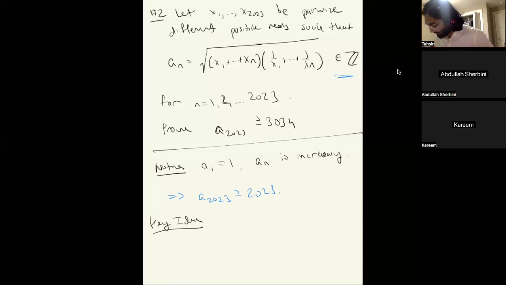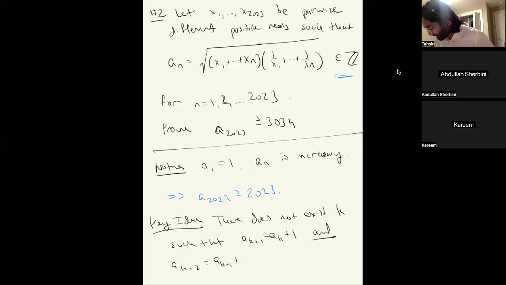So let's say it like this: there does not exist k such that a_(k+1) equals a_k plus 1 and a_(k+2) equals a_(k+1) plus 1. So it cannot increase by one twice in a row.